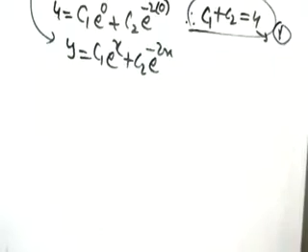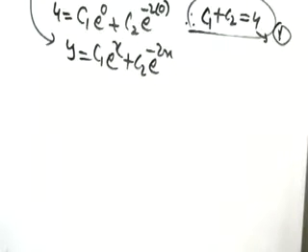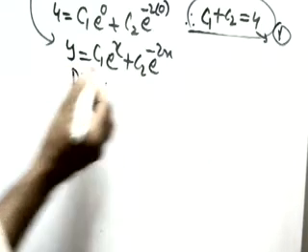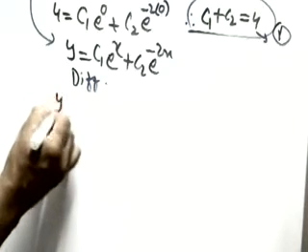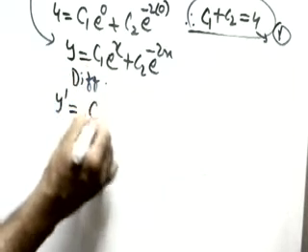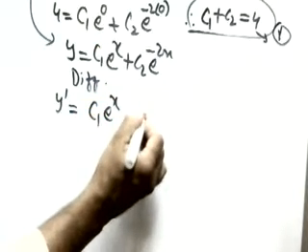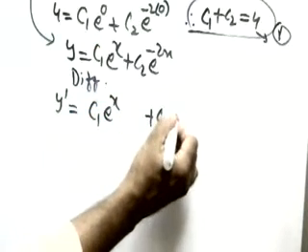Let me continue here. If we differentiate this, y will become y dash. c1 stays as it is. d by dx of e power x will be e power x only.